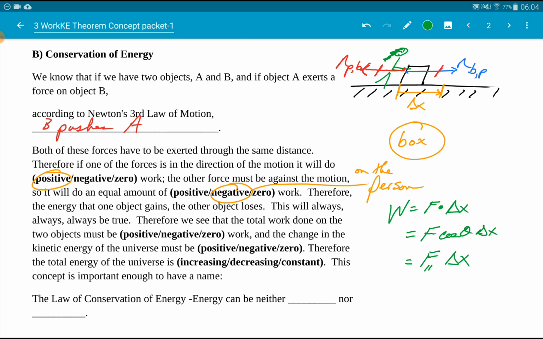Well, let's compare the forces. Tell me something about the forces. Same force, same amount, different directions. Okay, great. Tell me about the displacement vector of the box versus the displacement vector of the person. Same as what we described before. Okay, great. So then these numbers here that I'm going to put in are exactly the same. They might have different directions, and what does the direction tell you?